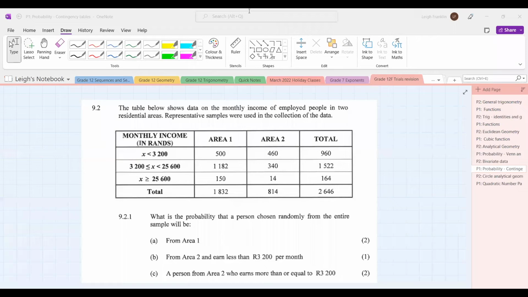Okay, so the probability of someone being from area 1 is 500 out of 2646. Good job. And then of course we could simplify that a little bit. Let's just do that quickly.